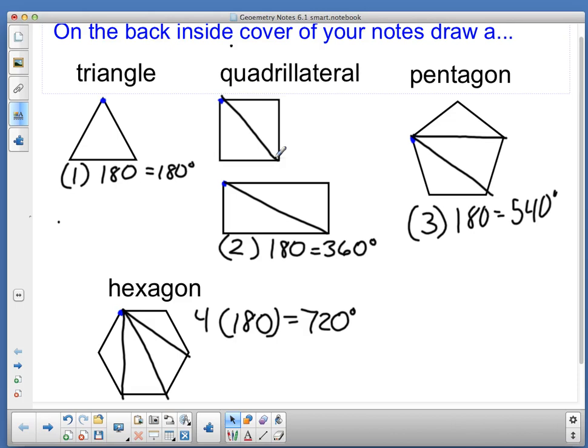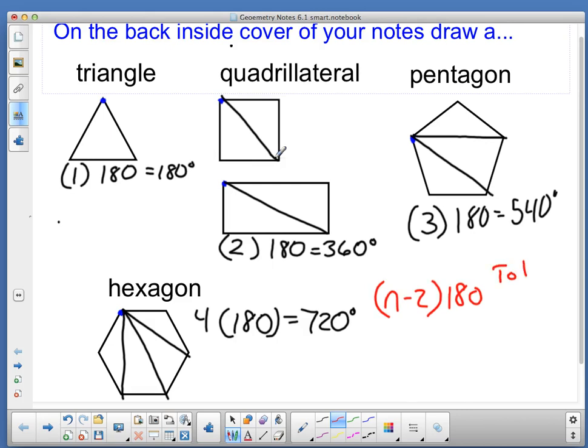Yep, minus 2. That's it. Matter of fact, that is the formula for the total interior angle value of a polygon. This is the total interior angle sum.